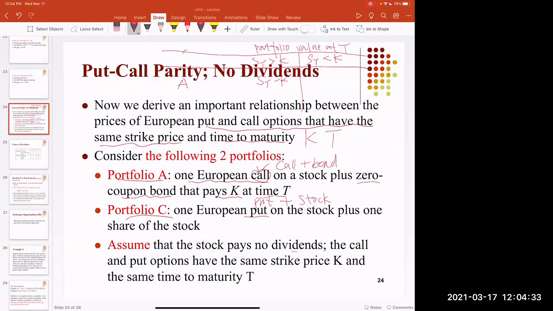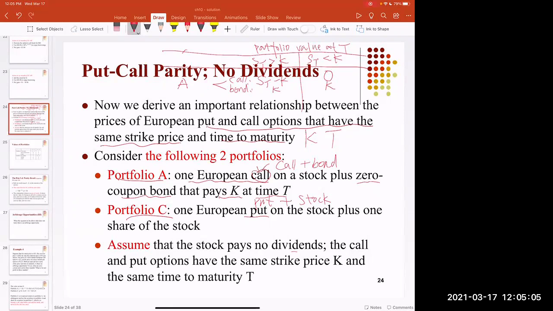And if the stock price is less than K, you will not exercise the call, so the value would be zero. Portfolio A also includes a bond. The zero coupon bond at the expiration date gives you the principal for sure in both cases.